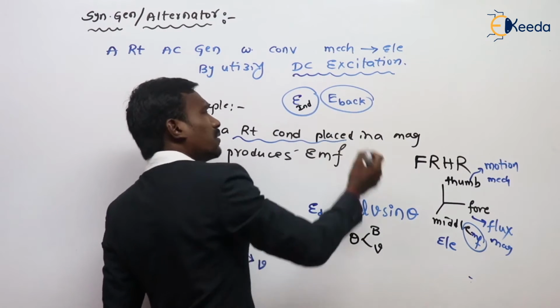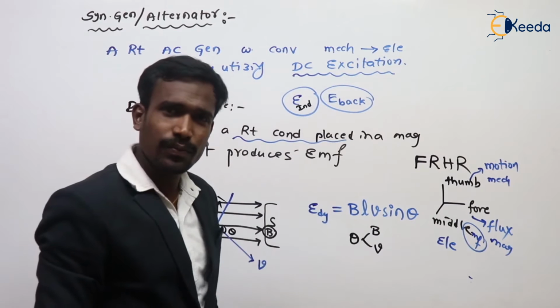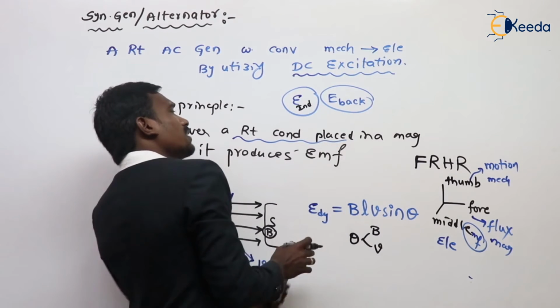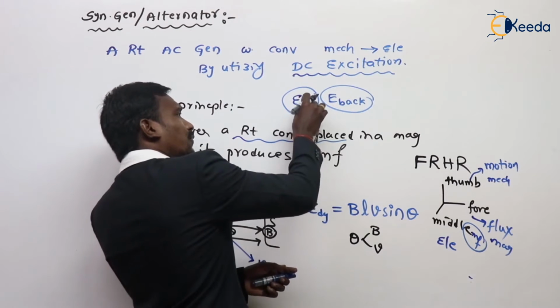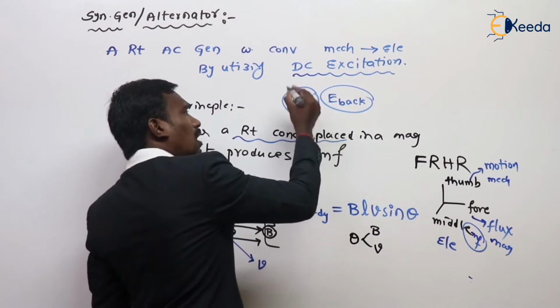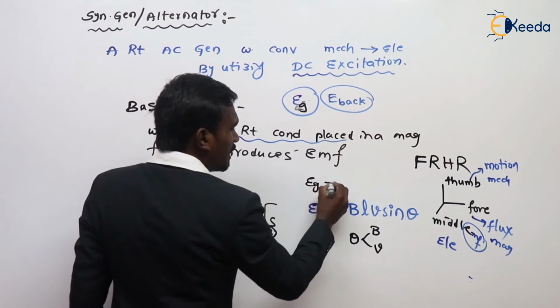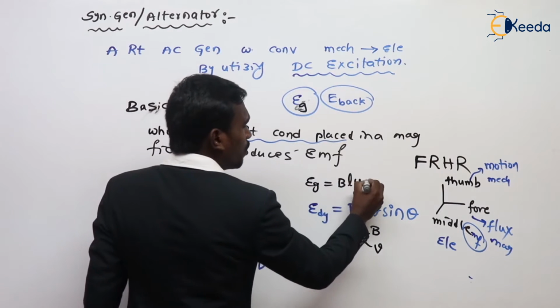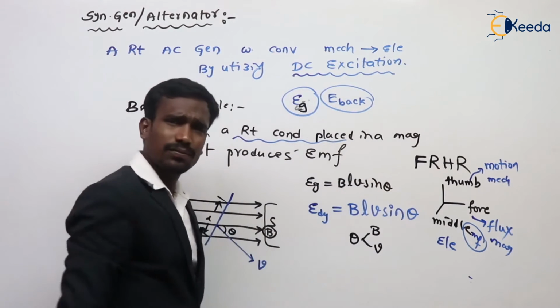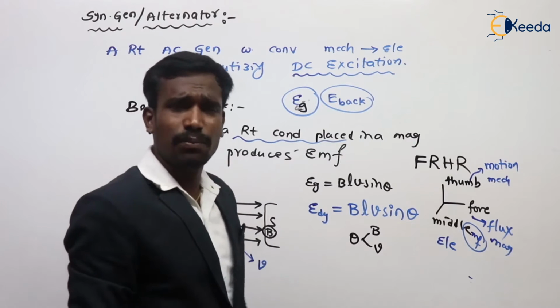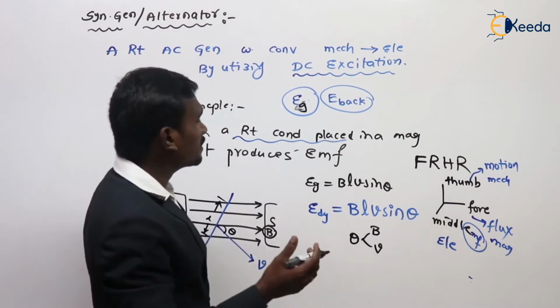Induced EMF is also called generated EMF. This is my generated EMF. Eg is equal to BLV sine theta. Can you tell me where is my back EMF?